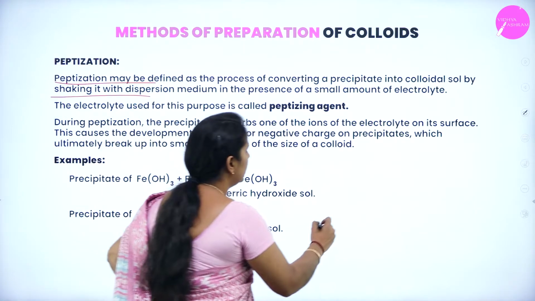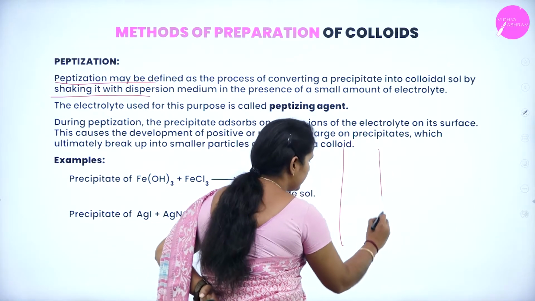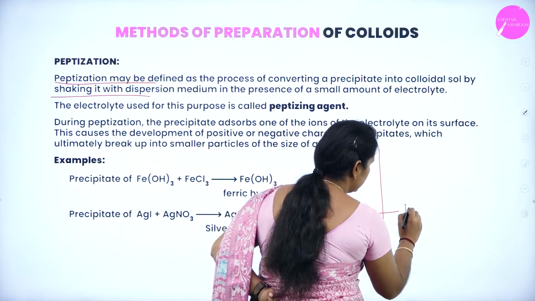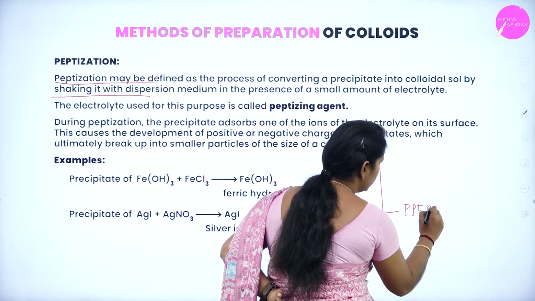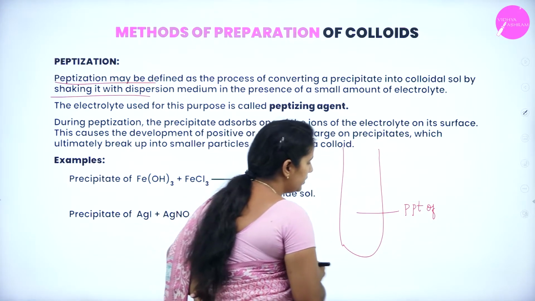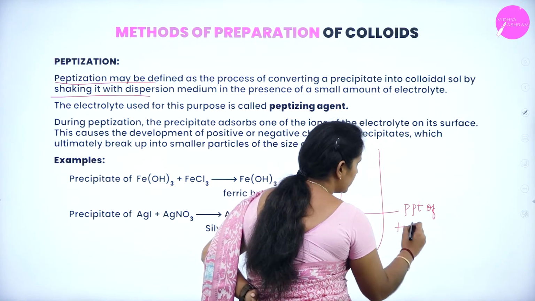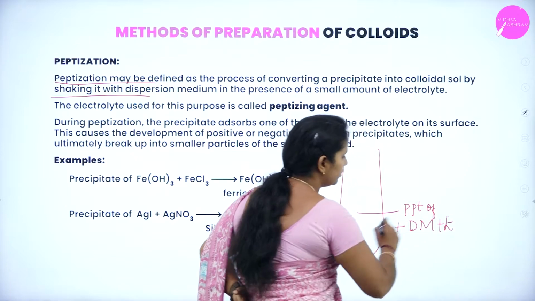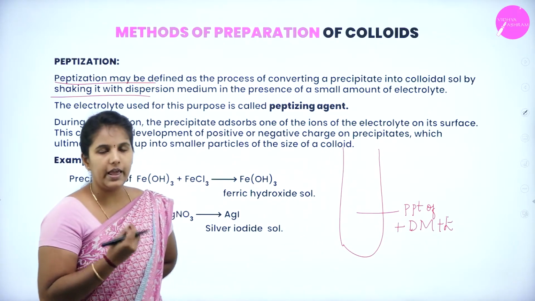What do they do? Imagine in your test tube, you have taken the precipitate of any one of the solutions. To this, you are going to add the dispersion medium and a small quantity of electrolyte.